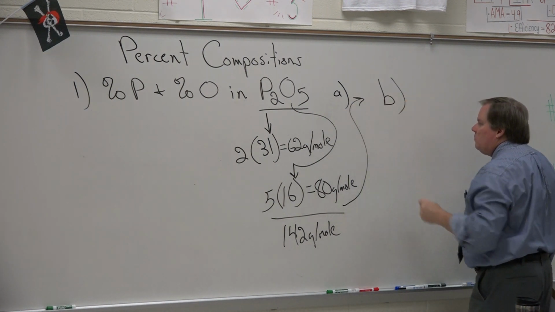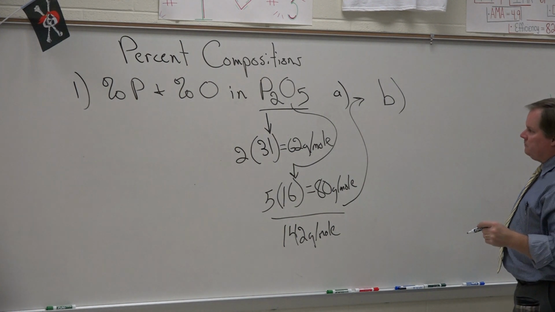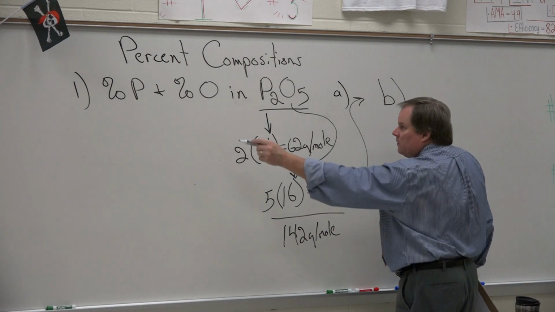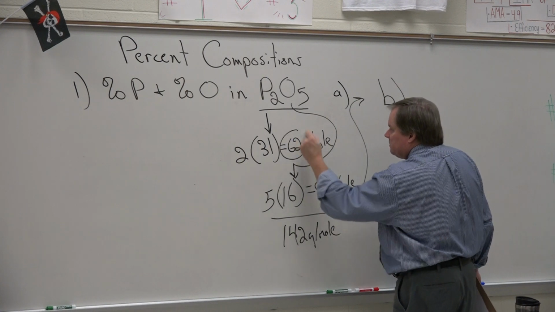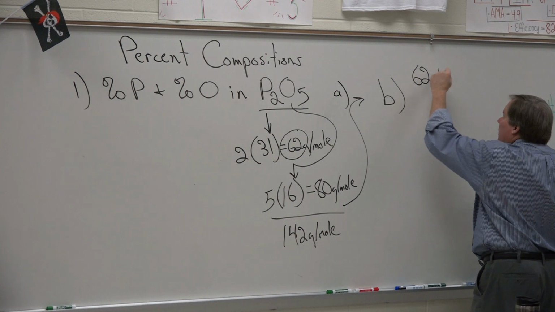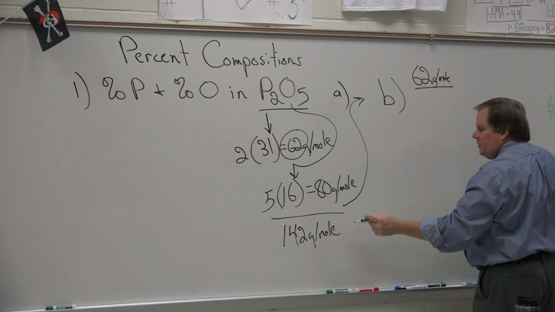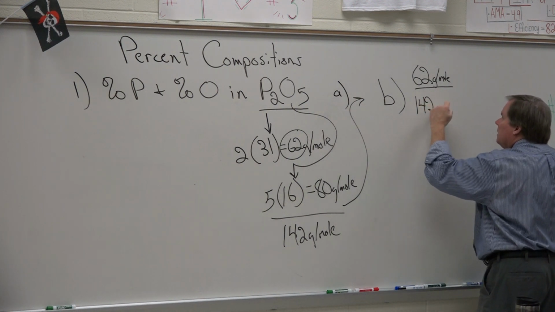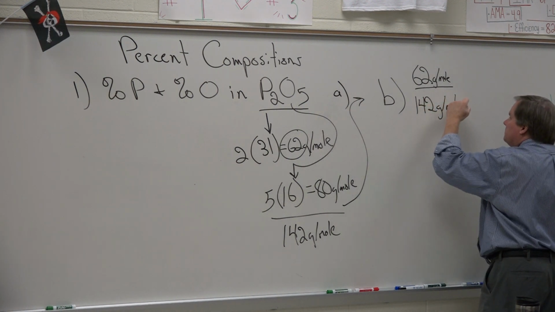Step B, we then do our ratios. So our first ratio is our total phosphorus was 62 grams per mole. The entire compound weighs 142 grams per mole.